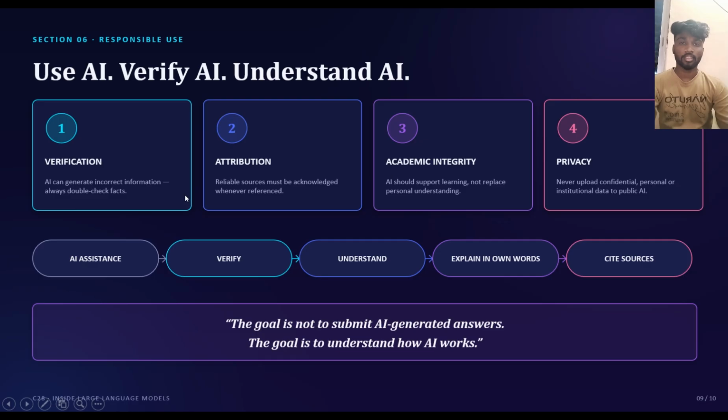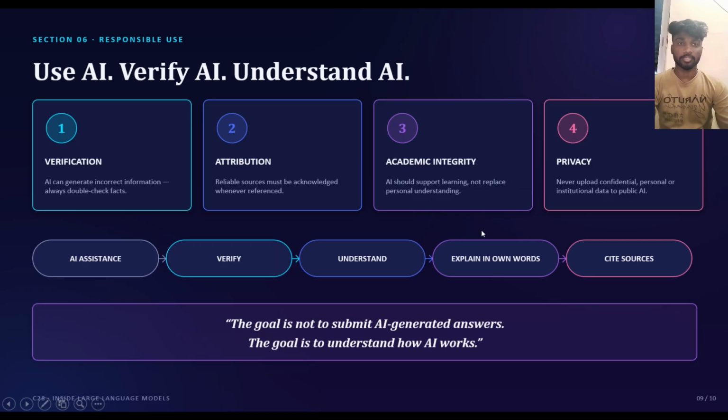Responsible AI. Finally, we need to understand responsible use of AI. First is verification. AI can generate incorrect information, so we should always verify important facts. Second is attribution. When we use information from reliable sources, we should acknowledge these sources. Third is academic integrity.